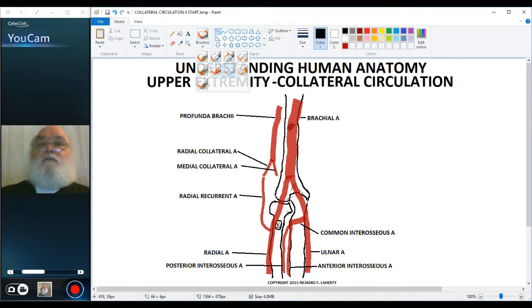Moving over to the ulnar artery now, we have a branch, the inferior ulnar collateral.